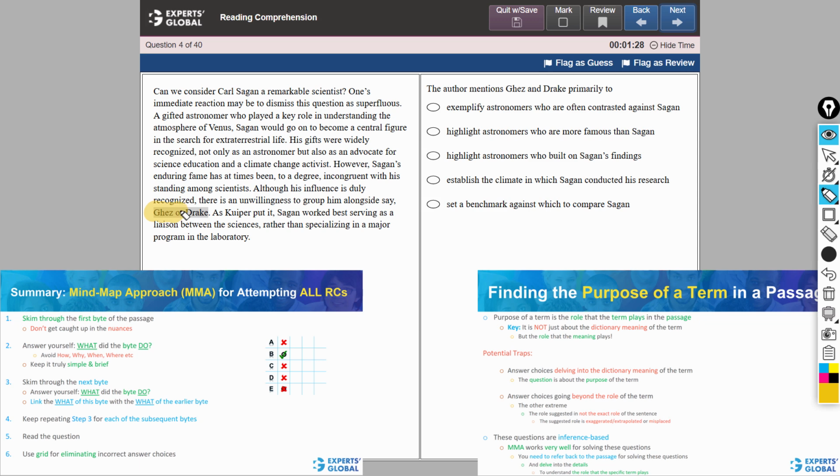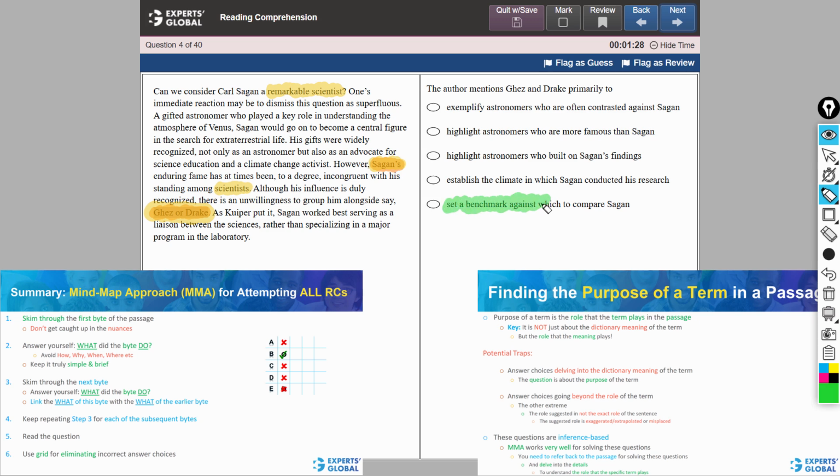Therefore, these highlighted individuals must be remarkable scientists, which in comparison, this scientist, in the opinion of scientists in general, is not. Therefore, these scientists are examples of a certain standard that this scientist does not meet. With that broad expectation, let's look at the answer choices.